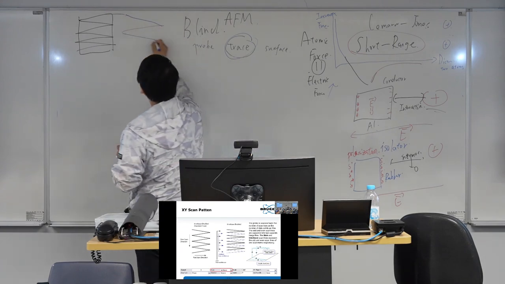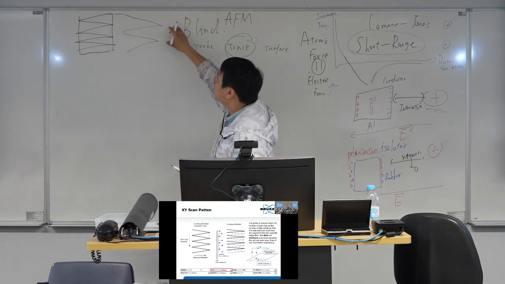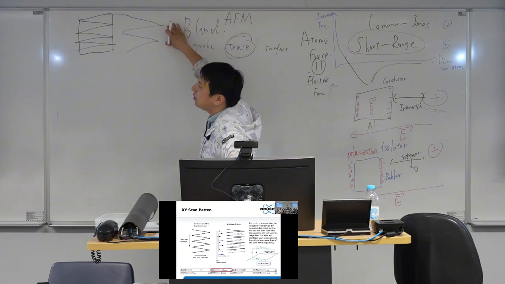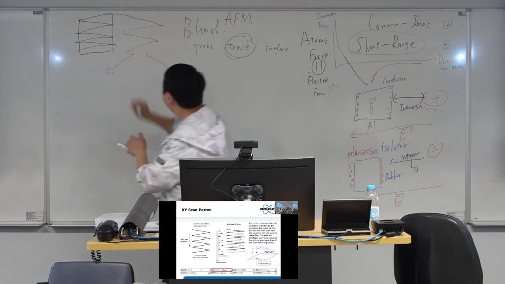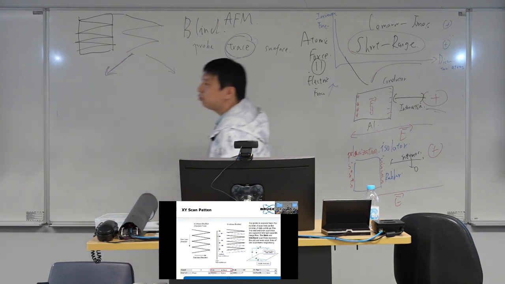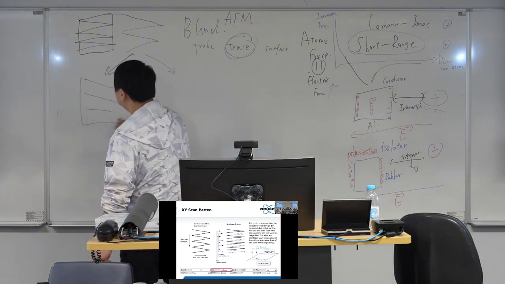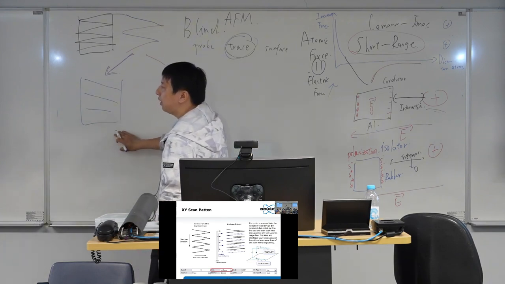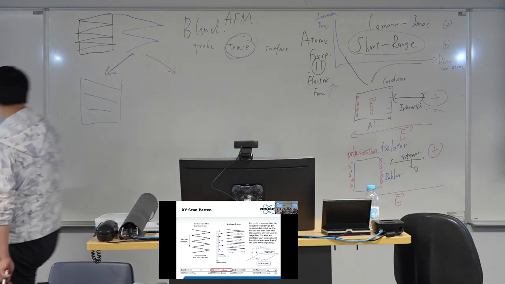So all the trace lines, they are parallel with each other. All the retrace lines, they are parallel. So the AFM will form two frames. One is formed by all the trace lines, and in our AFM software, you will see a direction trace.